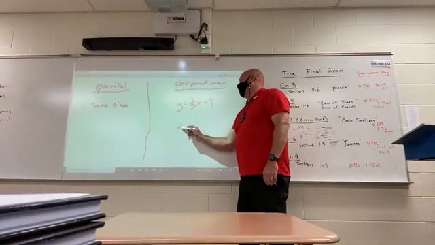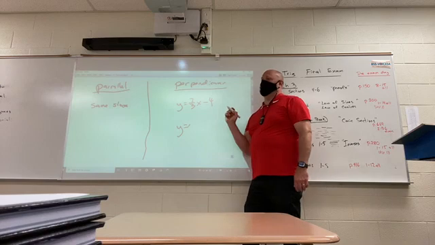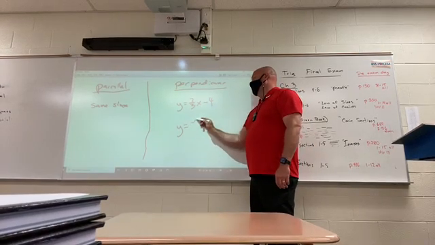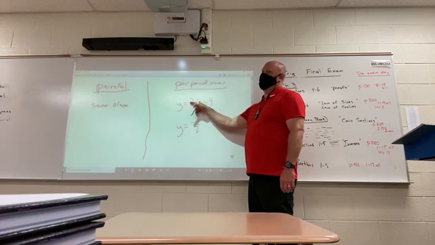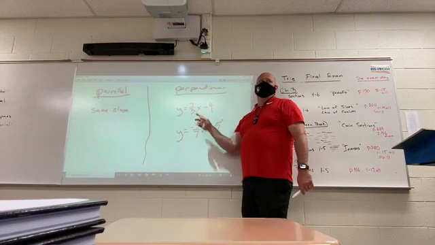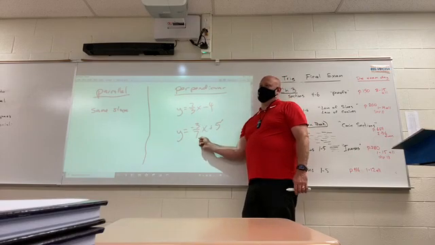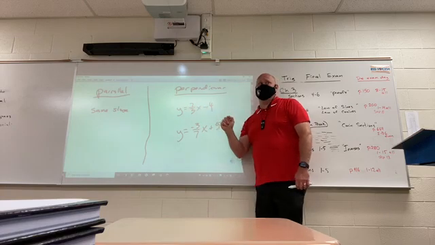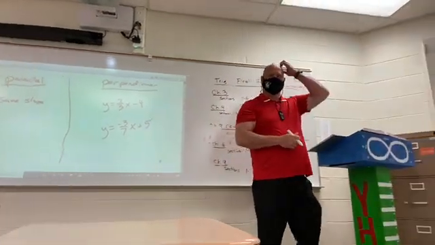What would the slope have to be if it's perpendicular? Well, it wouldn't be positive 3/7, it would be negative. Remember, it's got to be the opposite reciprocal. And then the other point doesn't matter. So, opposite reciprocal slopes. If it's positive, make it negative, and then you also have to flip it. Okay?